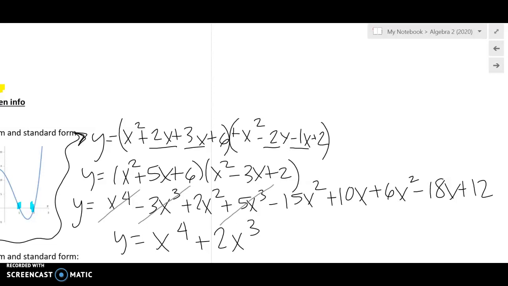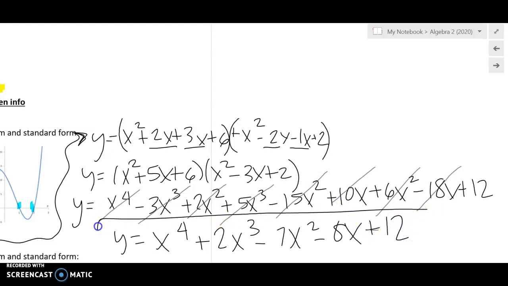Plus 6x squared is going to be negative 7x squared. Then I have 10x minus 18x, that's minus 8x. And then I'm left with a positive 12. And that is my final answer in standard form. They're not always like that, but that is standard form.